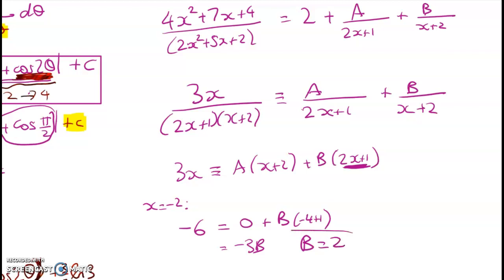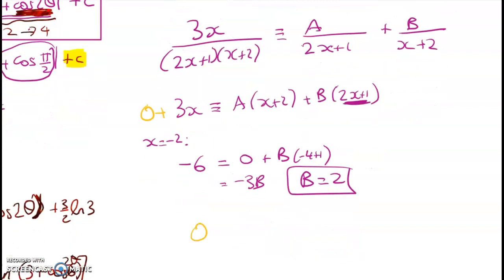B is equal to 2. Now I'm going to do matching to get the other term, because here I've got 0 plus 3x. So we've got 0 is equal to 2a plus b from here. So a must equal negative 1.